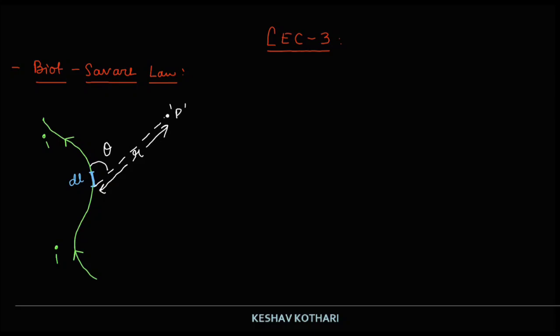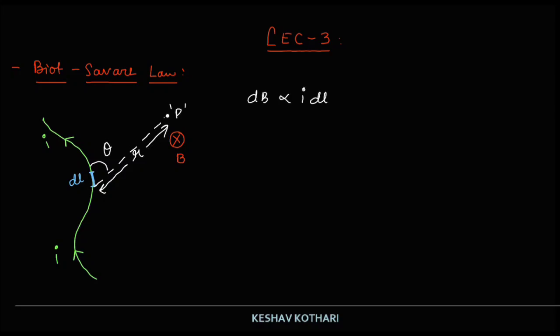Now the strength of magnetic field at a point P due to this element, which we are calling dB. The direction of magnetic field at the point P is certainly in the inward direction, which we have already learnt and can calculate from Maxwell's right hand rule. If we place our thumb in the direction of current carrying wire, then our palm will give us the direction of magnetic field. If we discuss the magnitude of magnetic field dB, the strength of this magnetic field dB is directly proportional to the current and the length element.